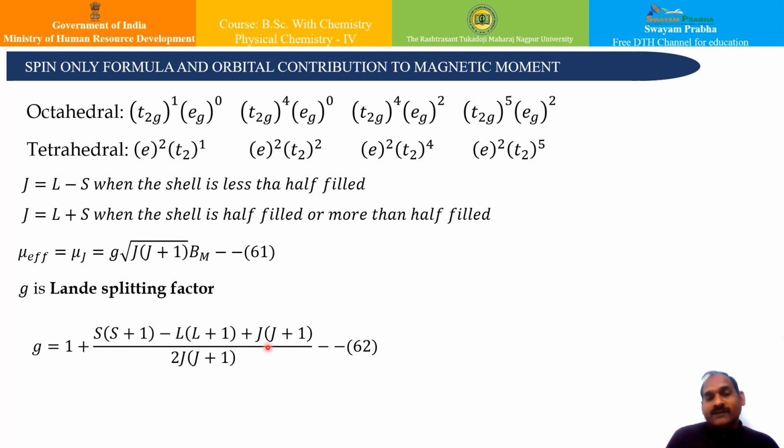You can see the formula over here. The values obtained using this formula are very close to the observed values for the lanthanides. So, using this formula, the observed and the calculated values match with each other.